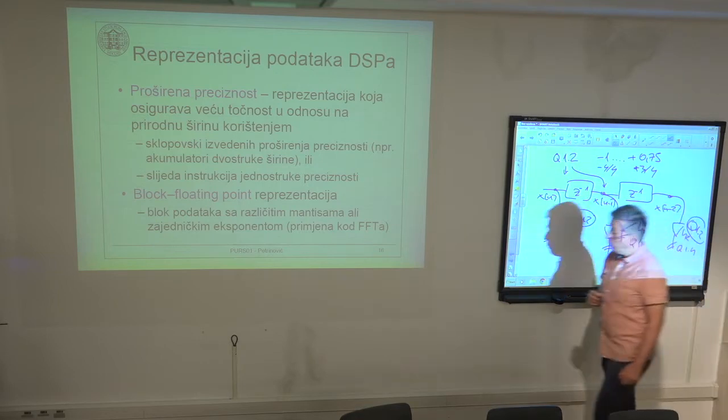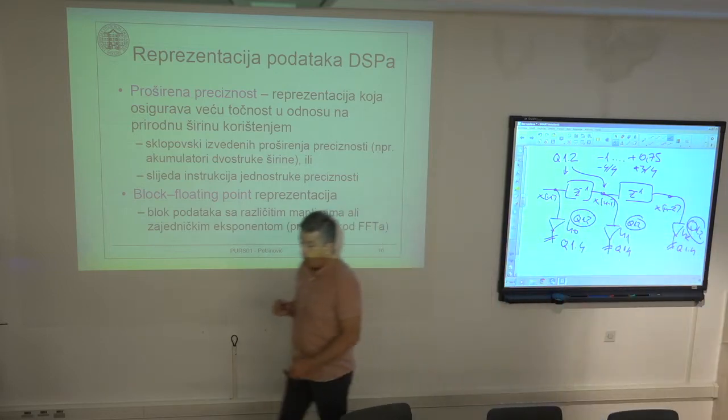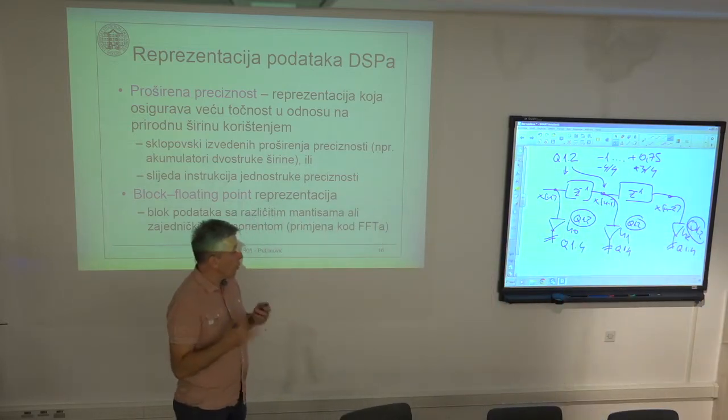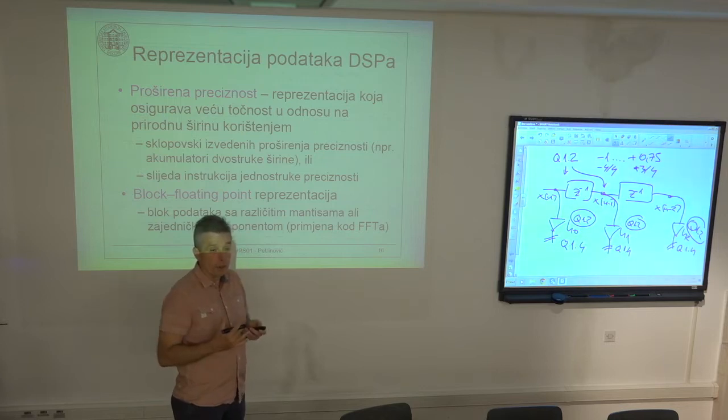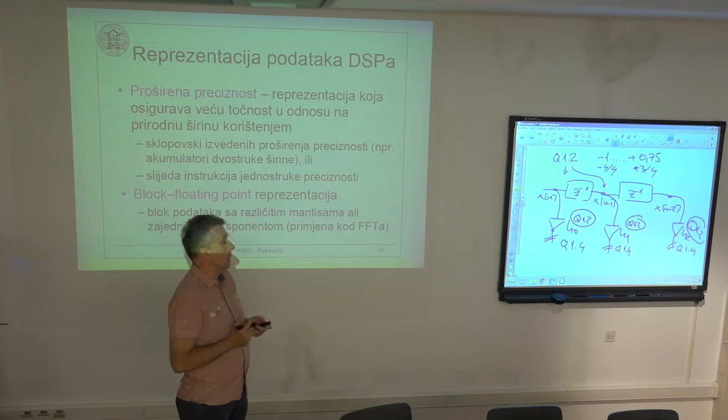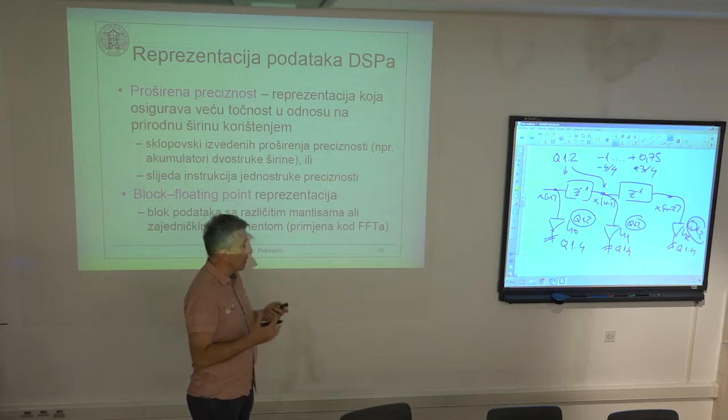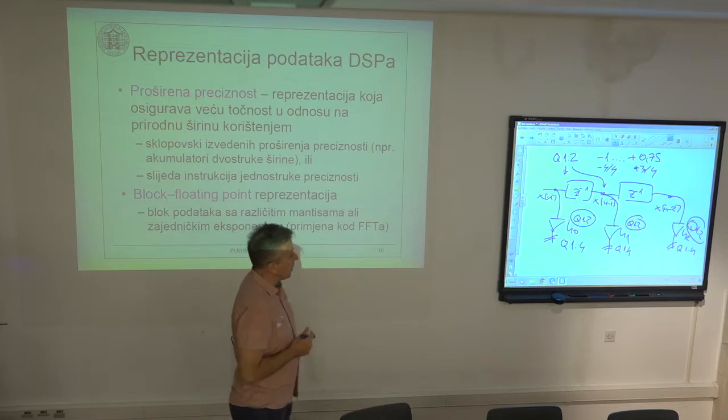So one way of doing this is to reduce this double width word to a single width word, and then add this value in a single width adder. So to have this adder that is the same width as the input signal or as are the coefficients.